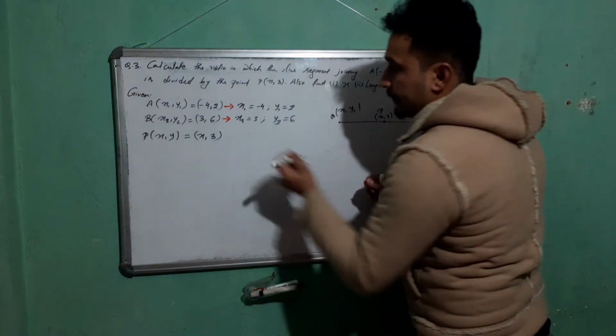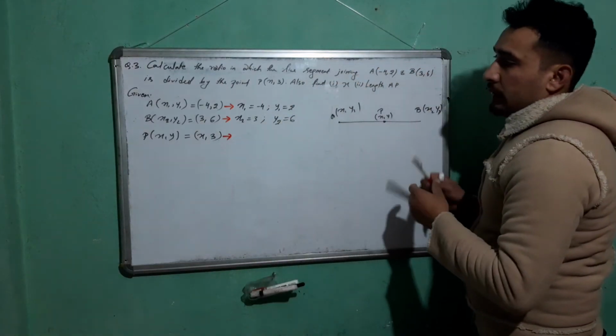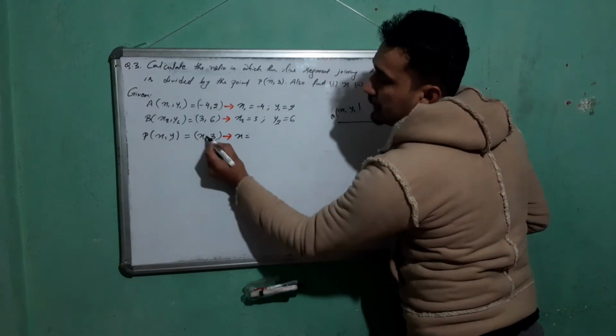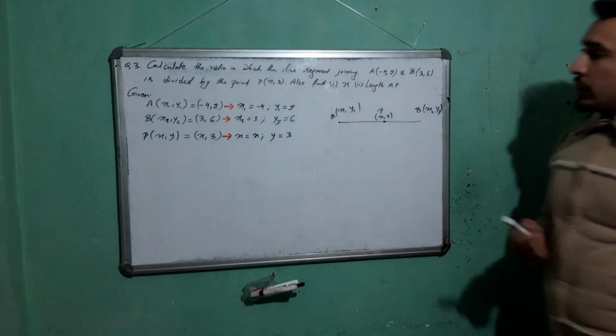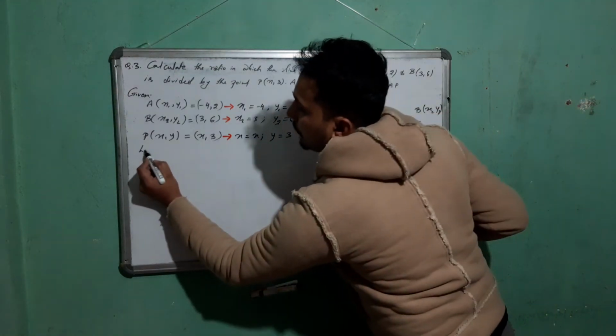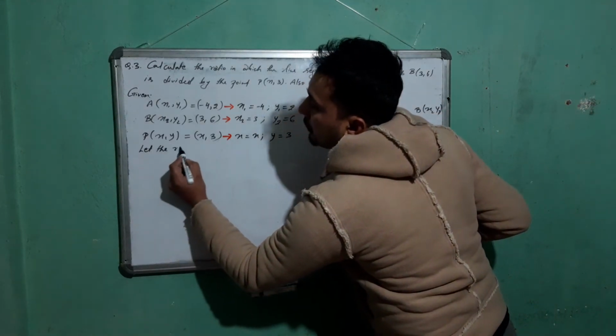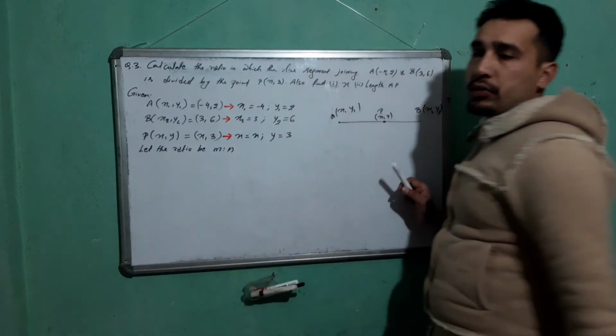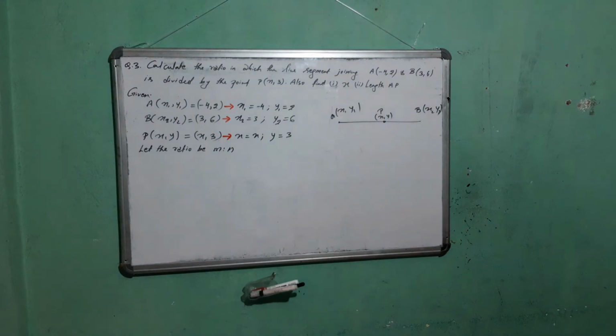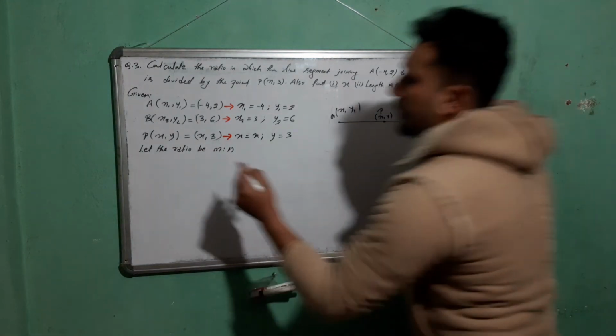From here, the value of x is unknown, and the value of y is 3. Let the ratio be m is to n. M is to n is unknown. We have to find m is to n by the section formula.